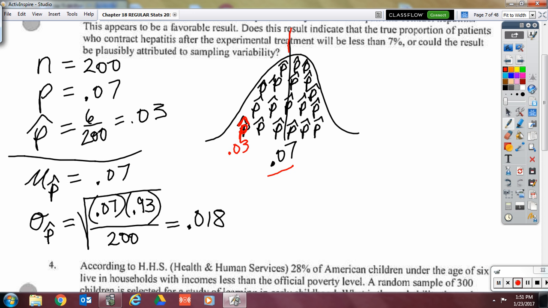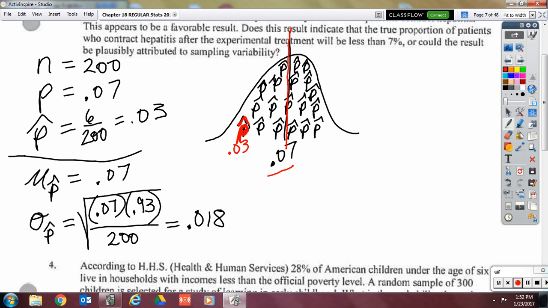So that's reality. But we get a sample and we're just testing Alito. When we tested Alito, we got a sample that had only 3% that had hepatitis. So, is that okay? Is that just because of sampling variability? You got different data than me?